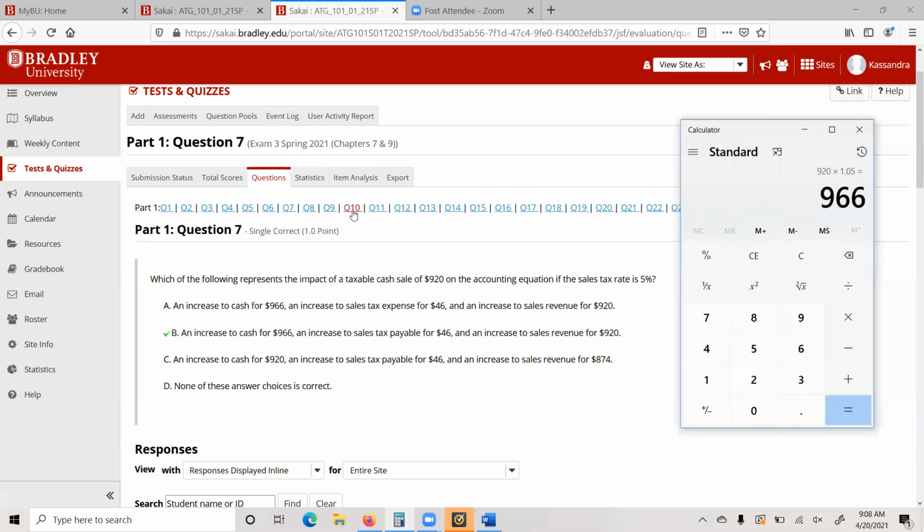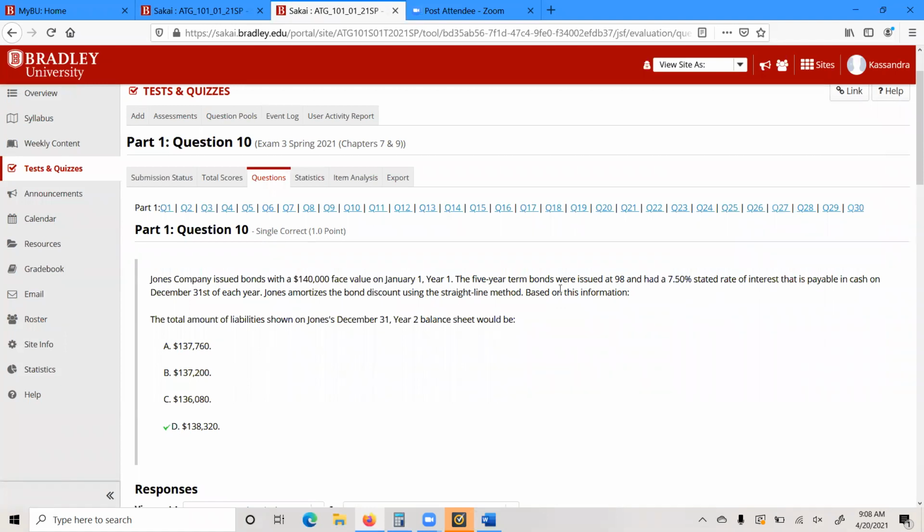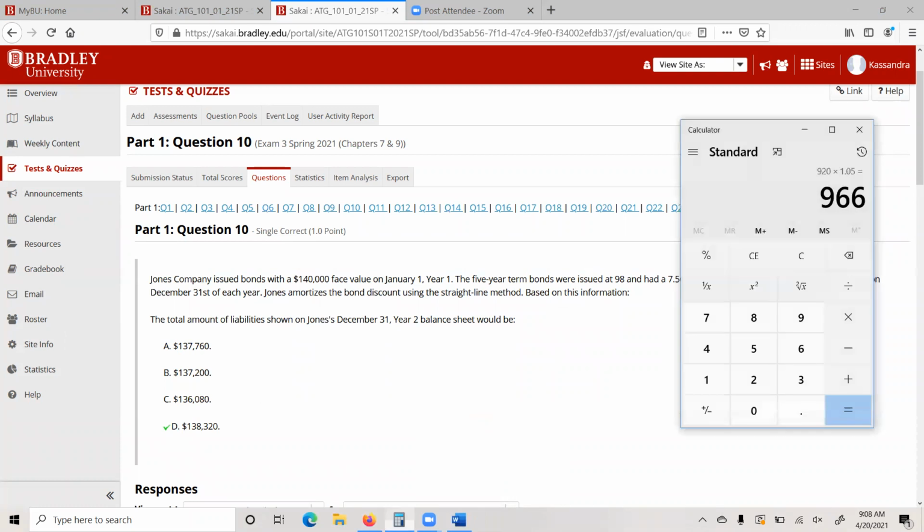Okay, 10 was one of our problem questions. And that was a bonds question. So we had a company that had a $140,000 bond issue. Bonds were issued at 98, so they're issued at 98% of face value. So $140,000 times 98%.